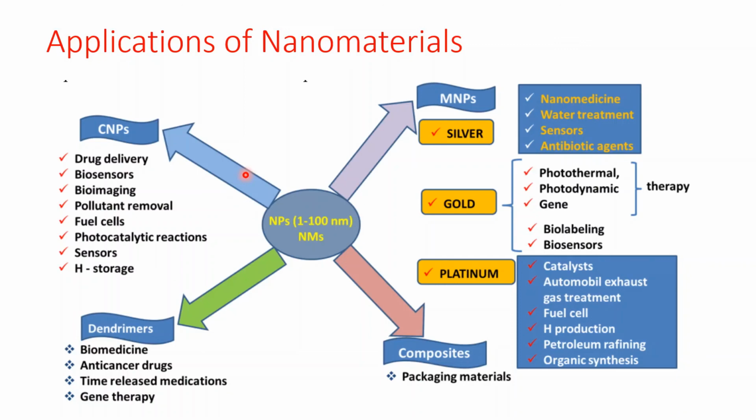And if you go to metal nanoparticles like silver, gold and platinum nanoparticles, they have different uses. They can be used in nanomedicines, water treatment, sensors, antibiotic agents. Gold nanoparticles can be used for therapies like photothermal, photodynamic, gene therapy, then biolabeling and biosensors.